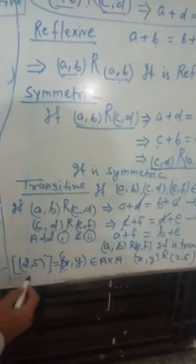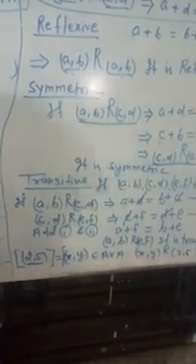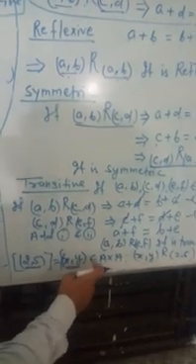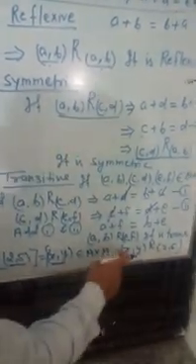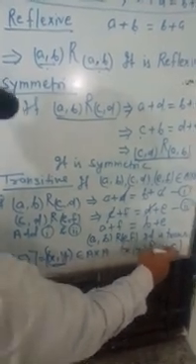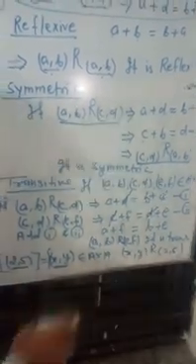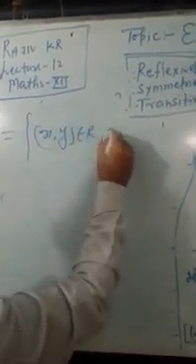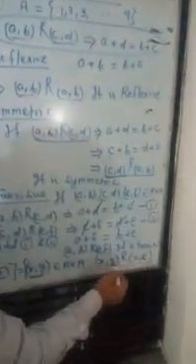According to the question, the equivalence class of (2, 5) is the set of ordered pairs (x, y). Suppose (x, y) belongs to A cross A. That means according to the rule, (x, y) and (2, 5) are both ordered pairs part of the relation. (x, y) belongs to R: x plus 5 equal to y plus 2.